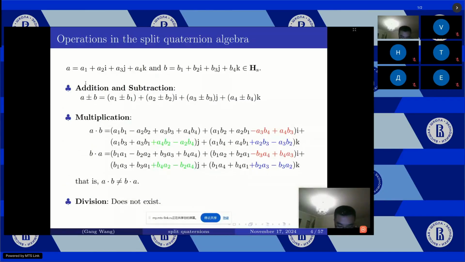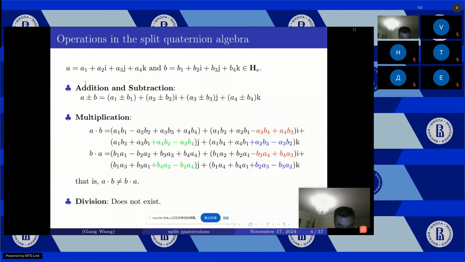In the split quaternion algebra, adding or subtracting split quaternions involves combining their corresponding real and imaginary components directly. For multiplication, you distribute each term of the first split quaternion across the second and apply specific rules for the imaginary units. The units behave uniquely. When squared, i squared equals -1, while j squared and k squared equal 1.